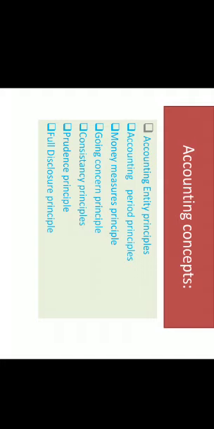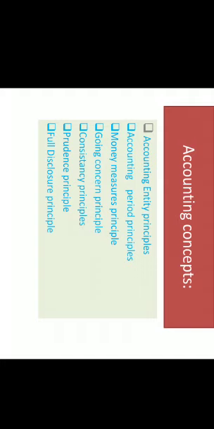That means any person who is investing money in a business, the business is separate from the owners. So that's why in the balance sheet on the left hand side we are showing capital as a liability. This is one of the assumptions under accounting principles.